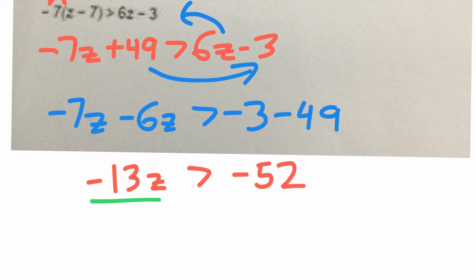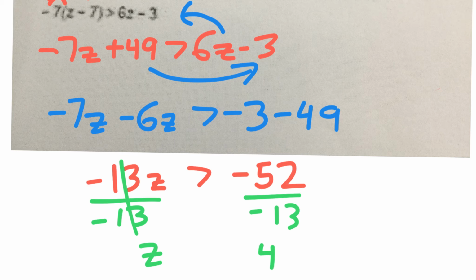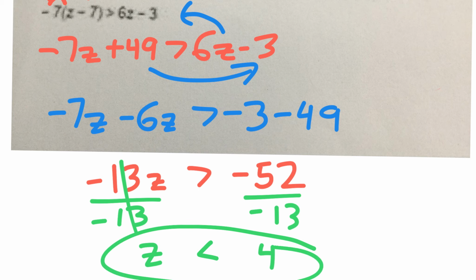Now divide by -13 on both sides. So that tells me z is less than 4, and because we decided to divide by a negative 13, we have to flip the inequality, make it face the other direction. So my solution set are all numbers less than 4.